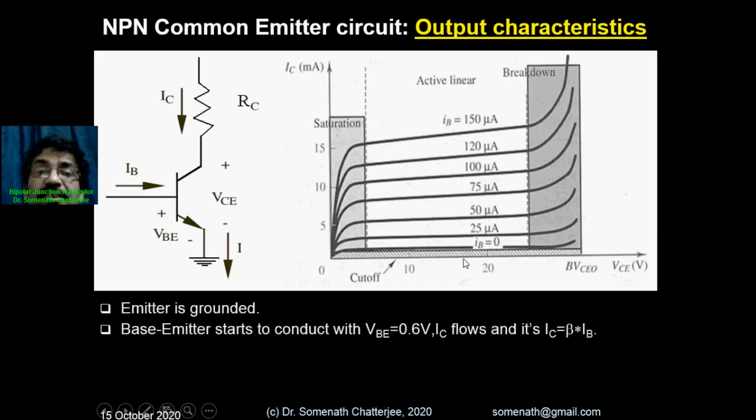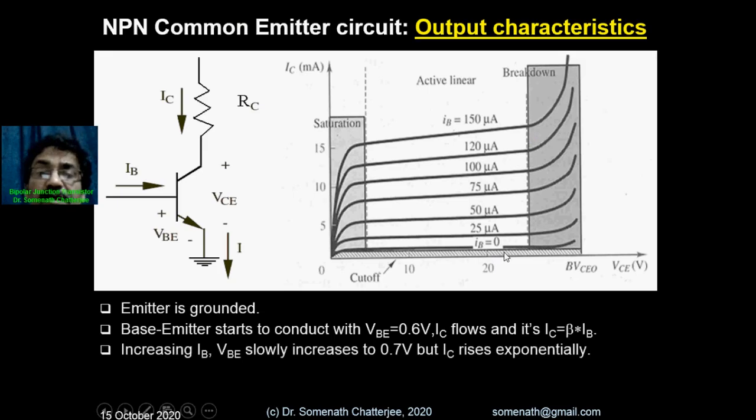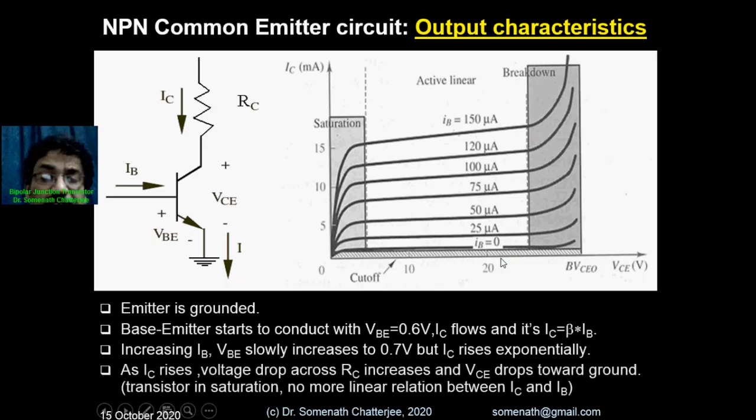And the hatched part is basically the cutoff region, that is below IB equal to 0. Here the base current is used as a parameter. What I told you is given here exponentially, the same explanation.